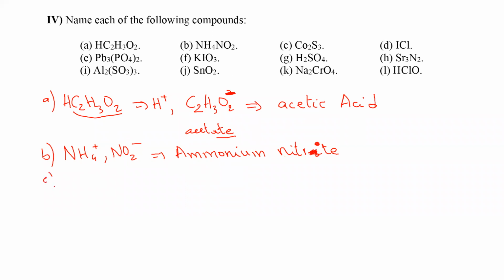For C, we have cobalt that can be 2 plus or 3 plus, and the sulfide anion is 2 minus. If we look at the stoichiometry, you can see that it's based on cobalt 3. So we have cobalt(III) sulfide.